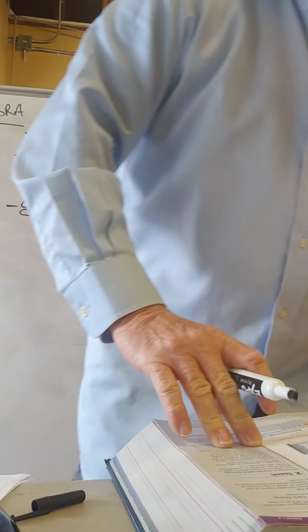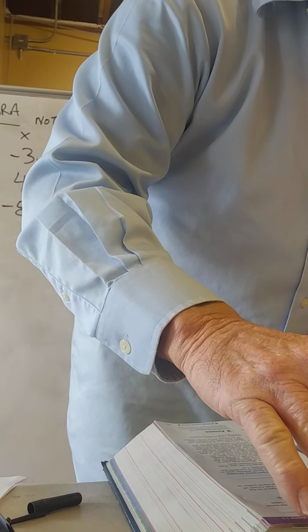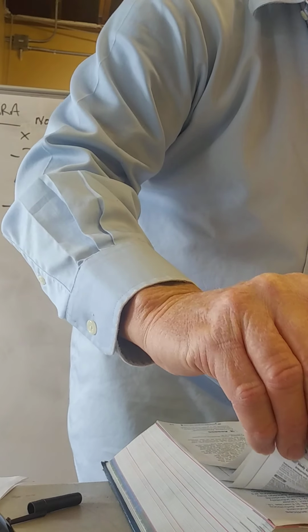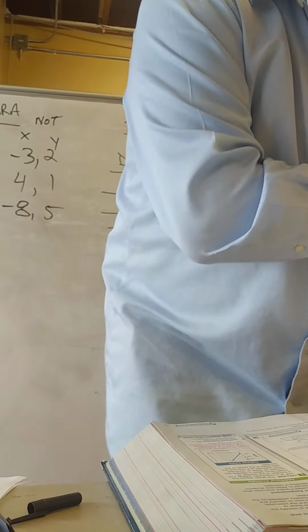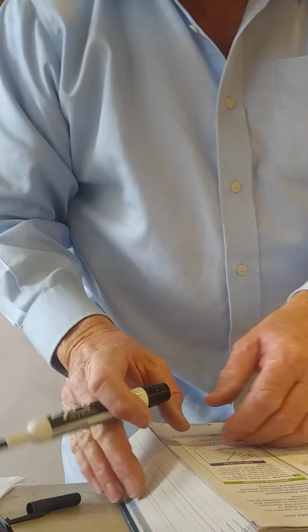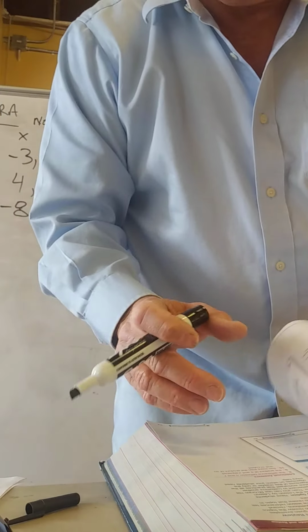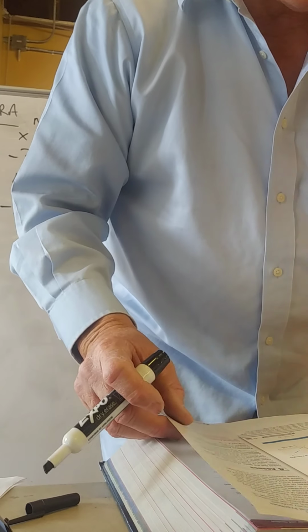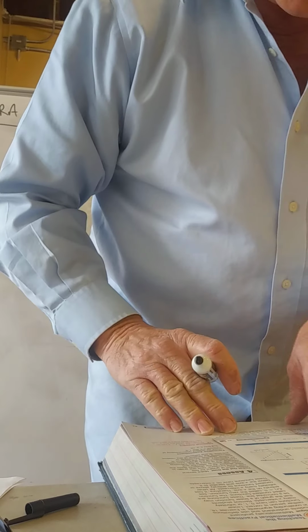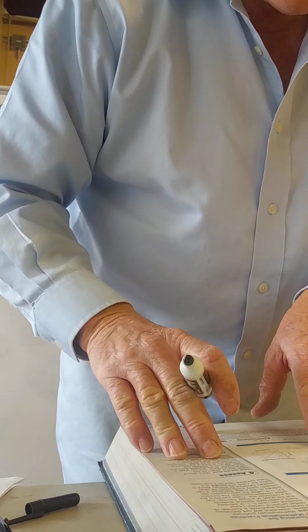Okay, so you can just look at the numbers that they give you and determine if they are a function or not. So let's go all the way to page 61.